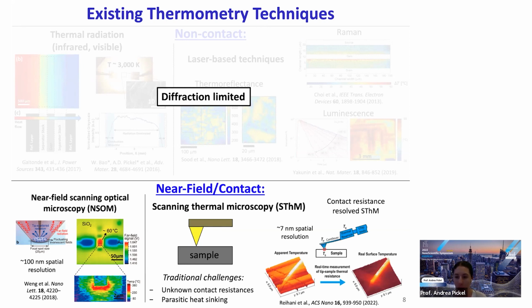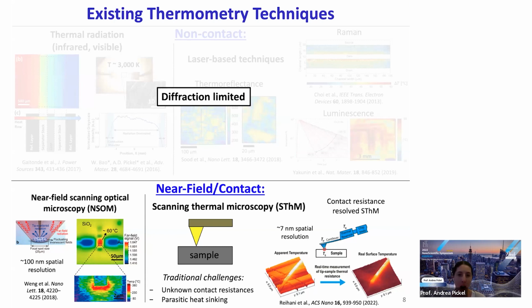One example is recent work from a group at Michigan, where they performed scanning thermal microscopy measurements in ultra-high vacuum and simultaneously measured the apparent sample temperature and tip-sample thermal contact resistance, which let them map temperature with about 7 nanometer spatial resolution.